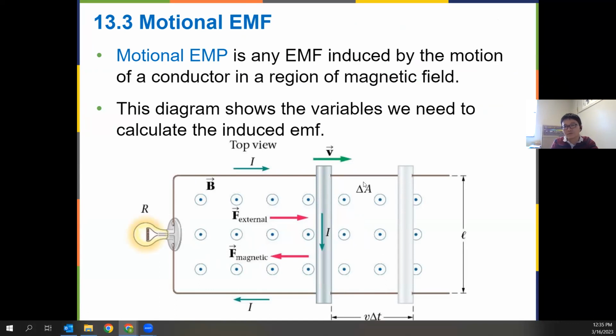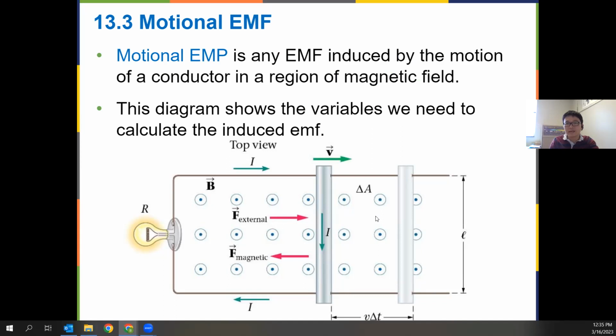So the conductor is moving in this direction, and it increases the area of the circuit. So the flux through the circuit increases. In order to oppose that change, the induced current will produce a magnetic field in the opposite direction of the initial. So the B field will be going inward, so the current will go down. So this is what you would have.